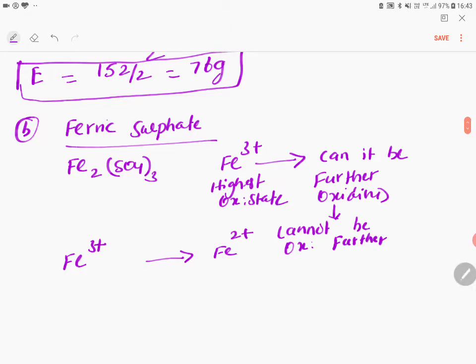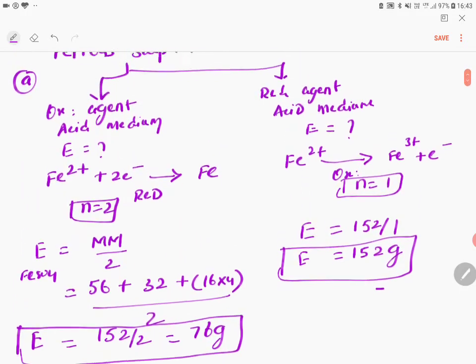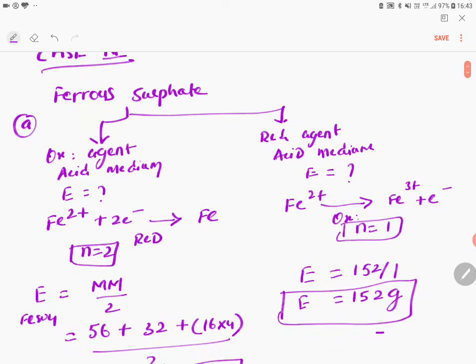Here you will make the mistake again, because in ferrous sulfate the molecular formula is FeSO4, so only one atom of iron, and if you calculate the equivalent mass n factor, it is all right.